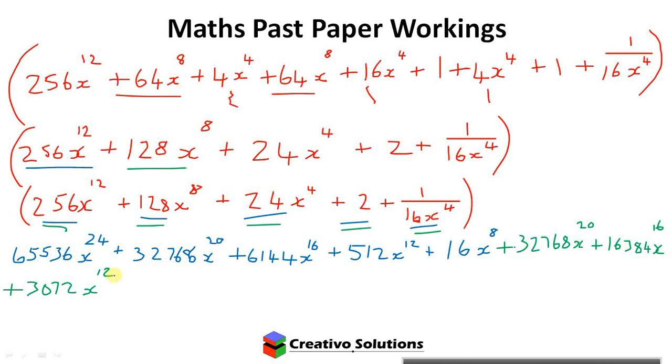Okay, then I've got 128 times 2 is 256, x to the 8. And then the last term here is 128 divided by 16 is 8, 8x to the 4.